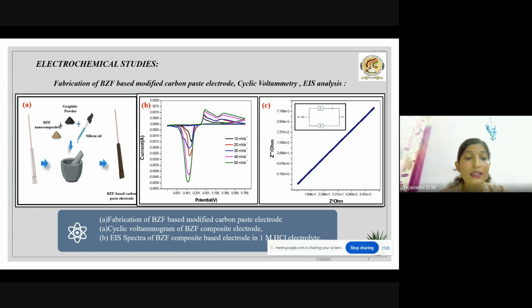Further, the electrochemical impedance analysis was done, where the conductivity and charge transfer capacity of the synthesized BZF-based modified carbon paste electrode were measured by Nyquist plot, as shown in the figure, and the corresponding circuit diagram is inserted inside, as shown in the figure.